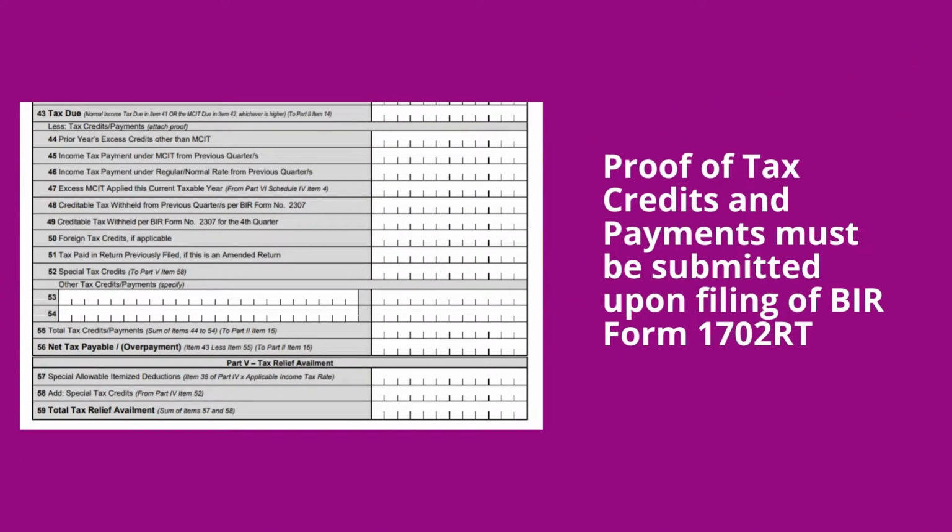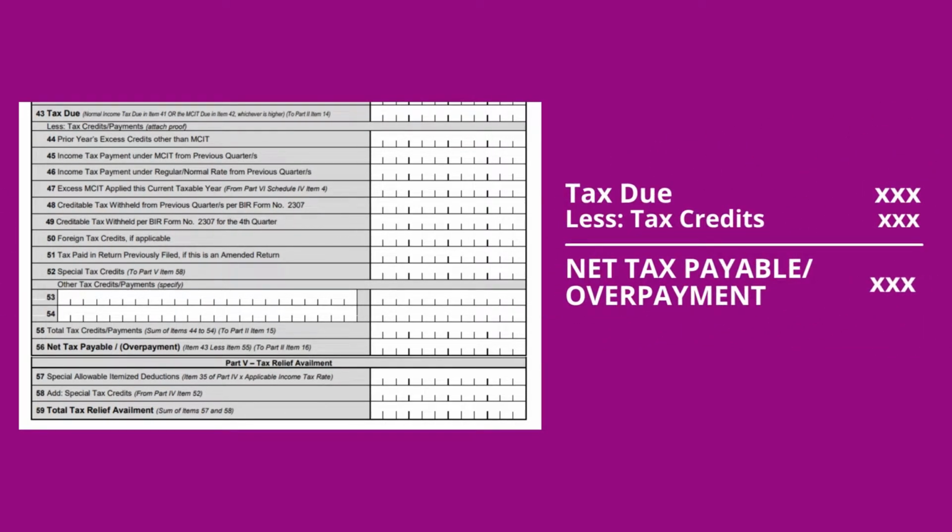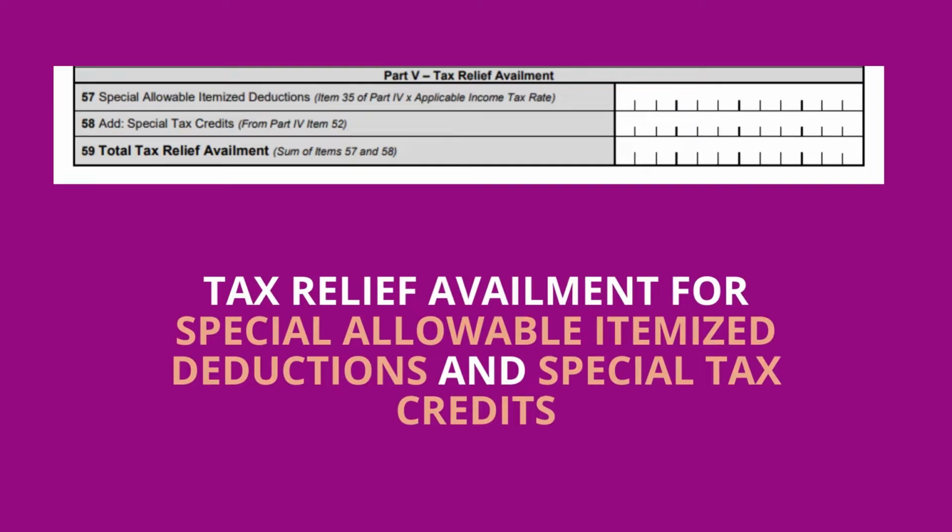Ug once na-compute na nato ang tax due, ato dayong i-less ang mga tax credits or payments for the year. But we should be able to attach proof of those tax credits or payments. Then finally, we have our net tax payable or overpayment. Lower part of page 2 is the part 5 or the tax relief available. So if you have a special allowable itemized deductions or special tax credits, diri na to ibutang.